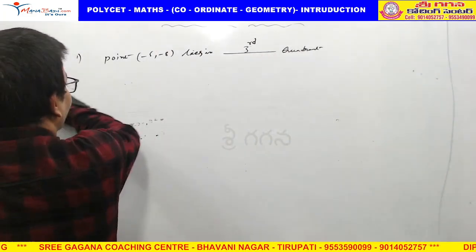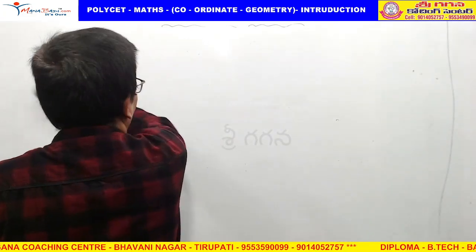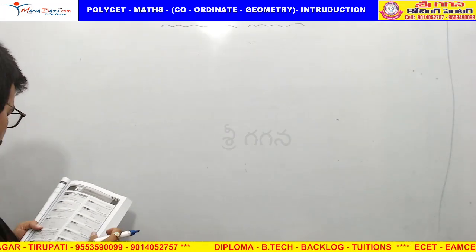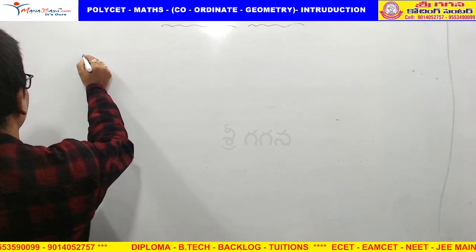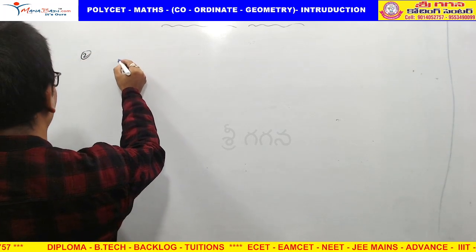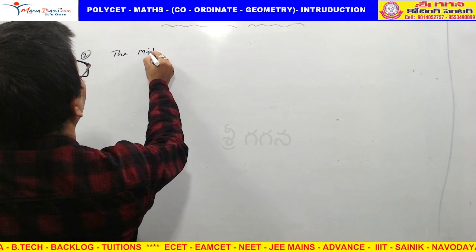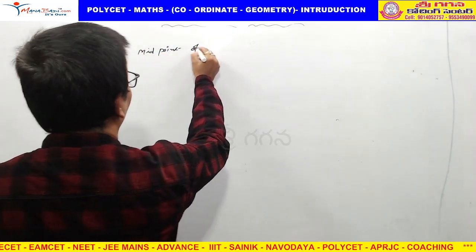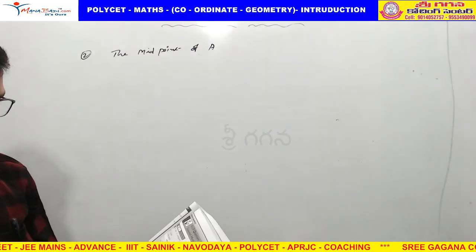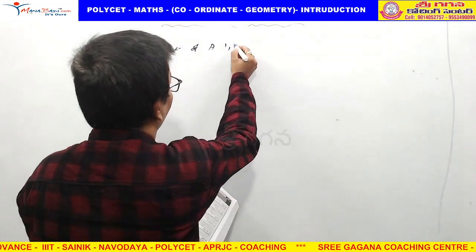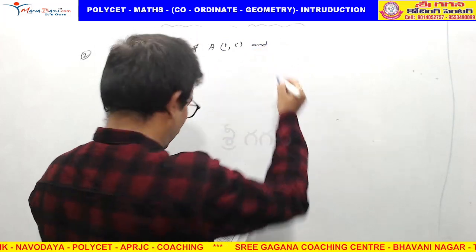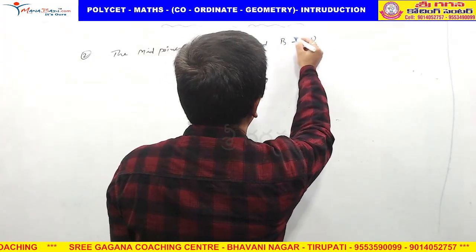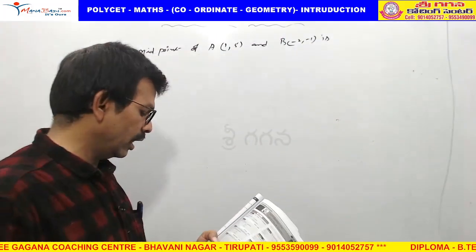So like that, the midpoint next, the midpoint of, some points they given: A (1, 5) and B (-2, -1), 2 points they given clearly.